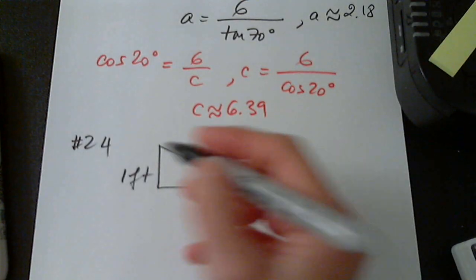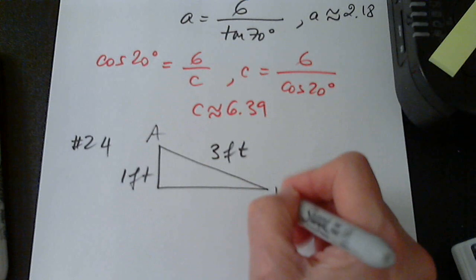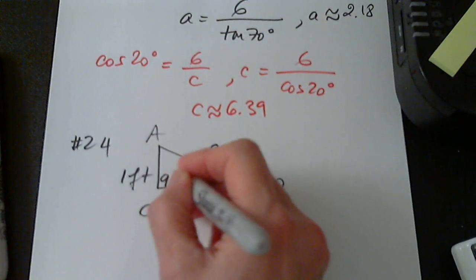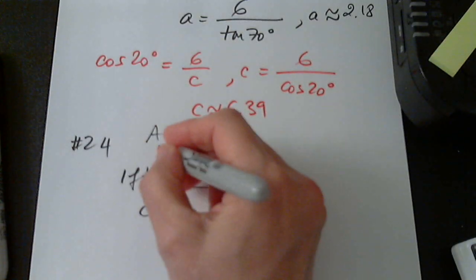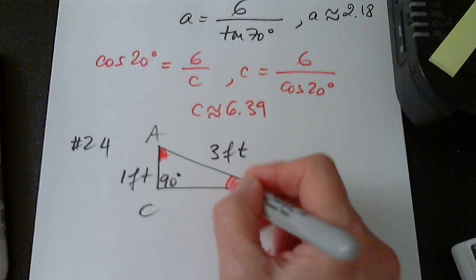Well, of course, if I have triangle ABC, one of the angles is very well known, the one opposite the hypotenuse, and that has to be 90 degrees. So they're asking us to determine the measure of this and the measure of this.